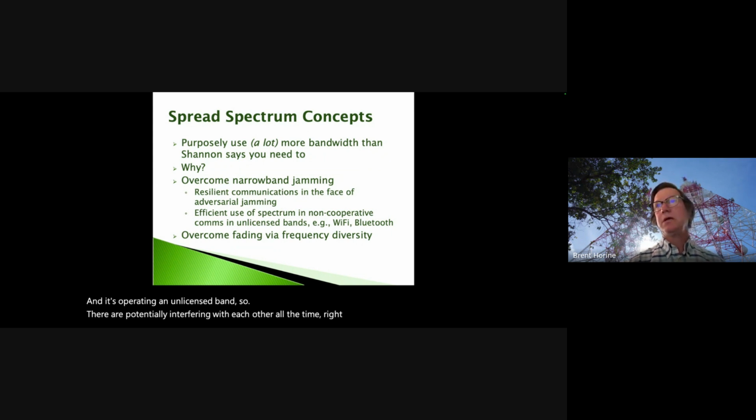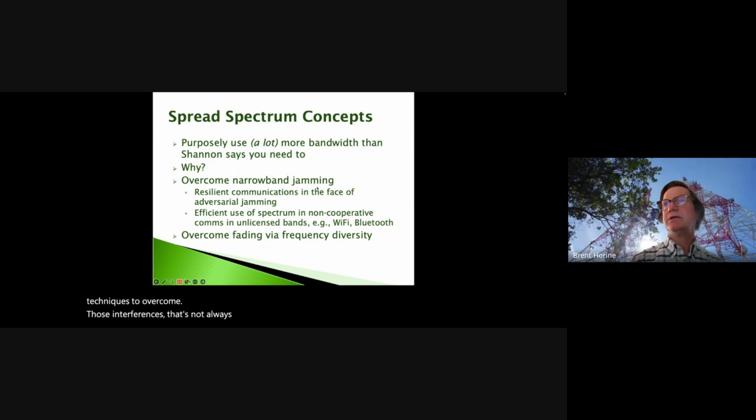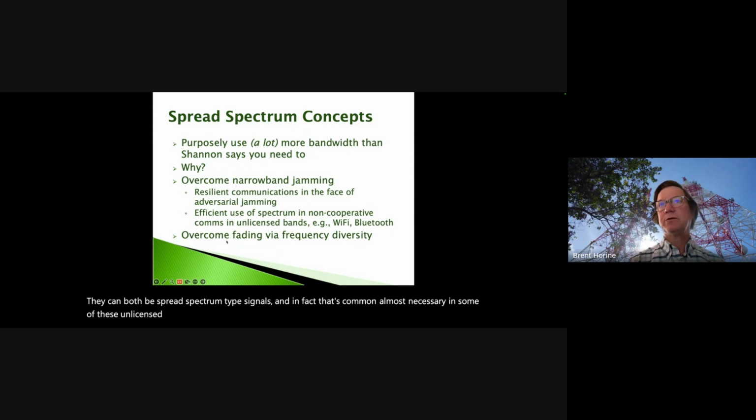So we're using spread spectrum techniques to overcome those interferences. That's not always narrowband jamming. They can both be spread spectrum type signals. And in fact, that's common, almost necessary in some of these unlicensed bands, to use spread spectrum. And then another use case for it is to overcome fading via frequency diversity.